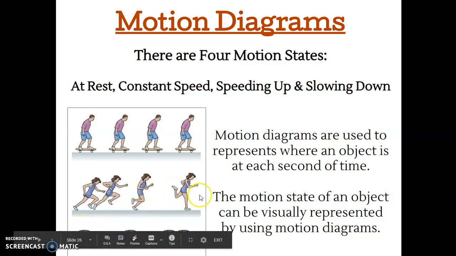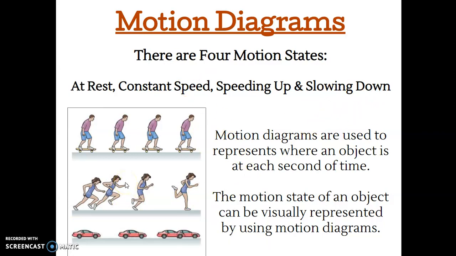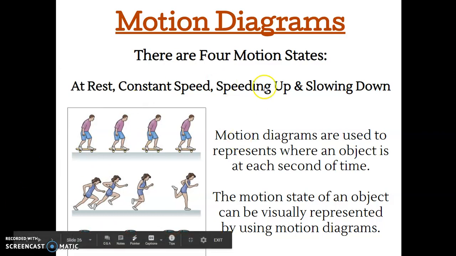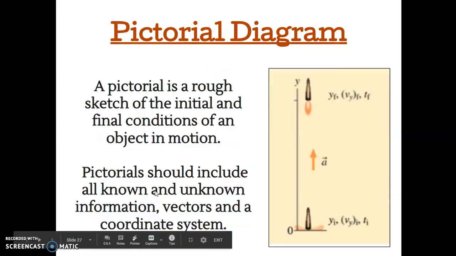And then slowing down, we have that car, the red car. So you can see that in the first second, it went further than in the second, and then in the third second, it went even less far. So it's slowing down. So just the visual representation of motion.